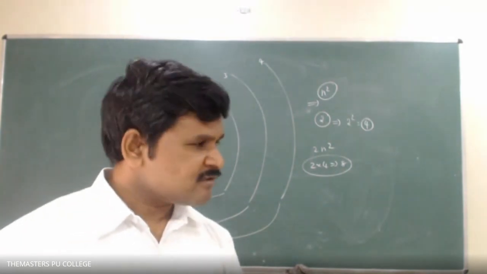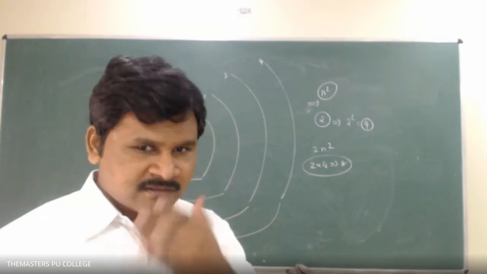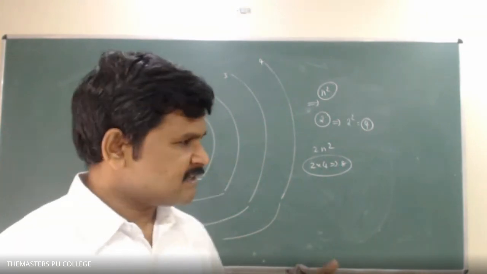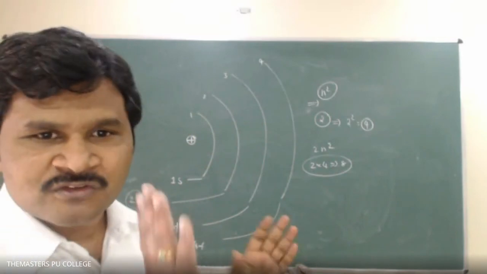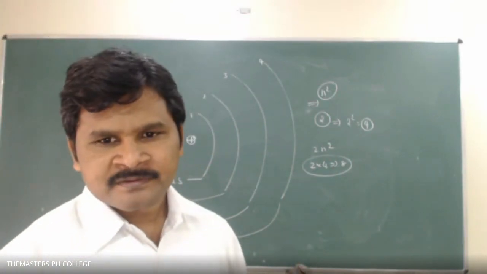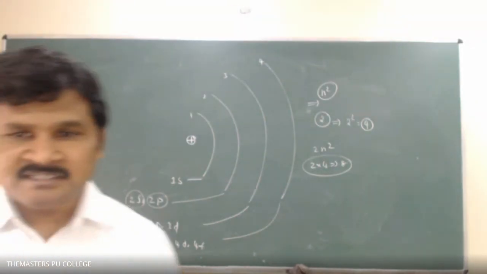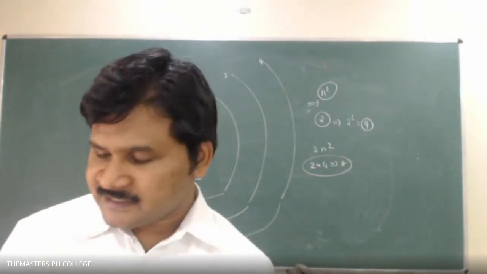If they ask, you can write g; otherwise our discussion is only up to the fourth shell. They won't ask 5; the discussion is up to 4 only.